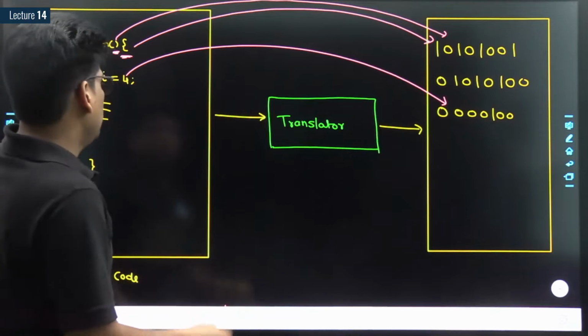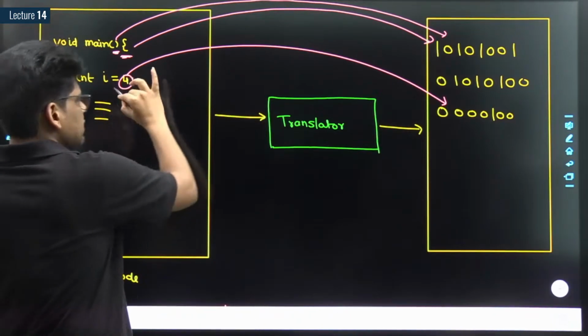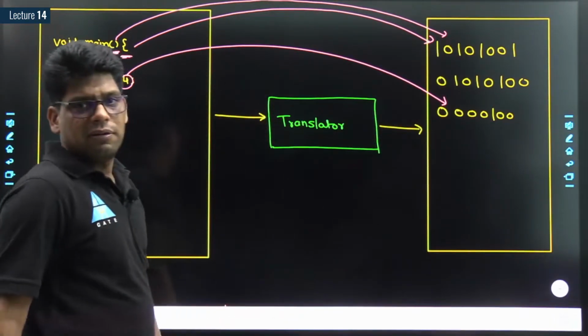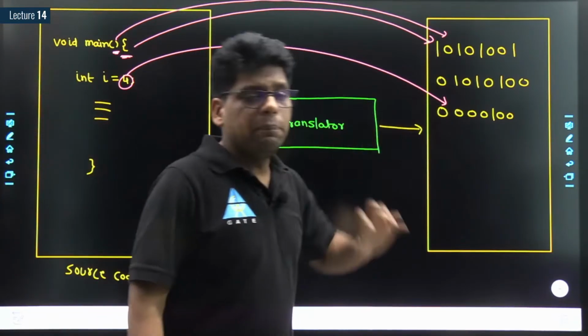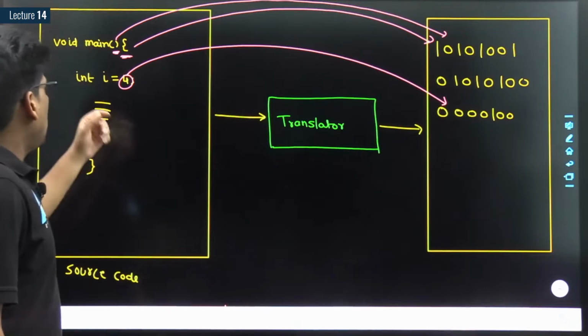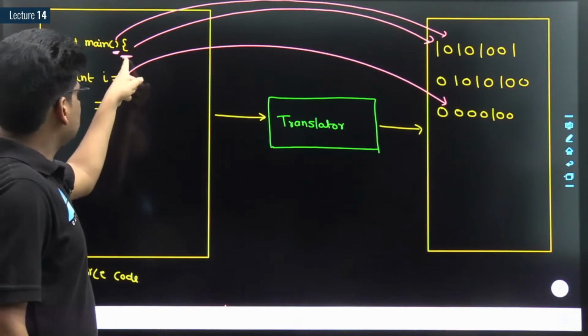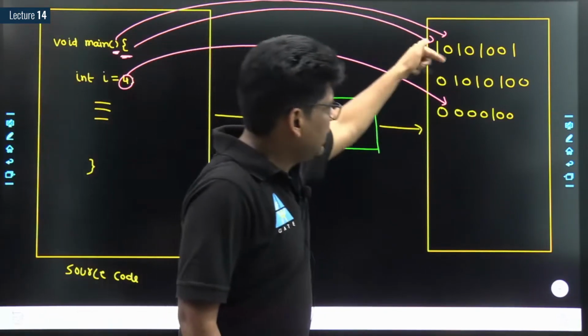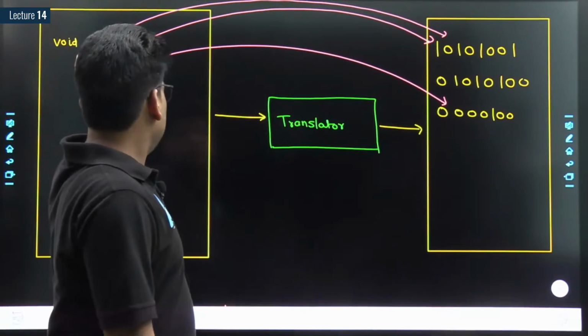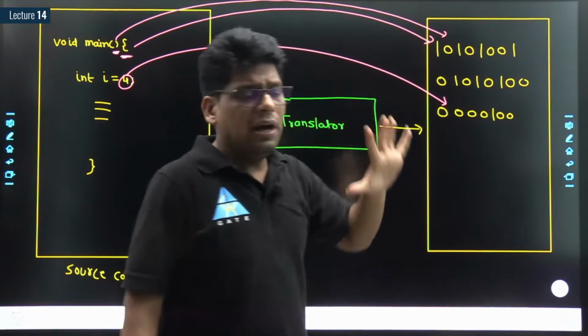Okay, we get to know that a 4 written in decimal number system is converted into a binary number. But how is this symbol converted into a number?